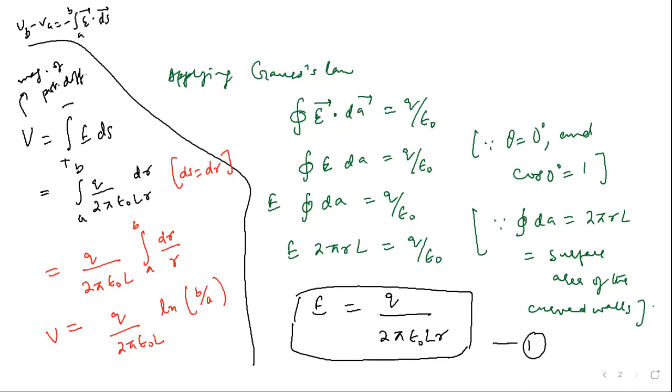I write it this way, or Q is 2 pi epsilon naught L by ln of b by a times V. This is my equation 2.